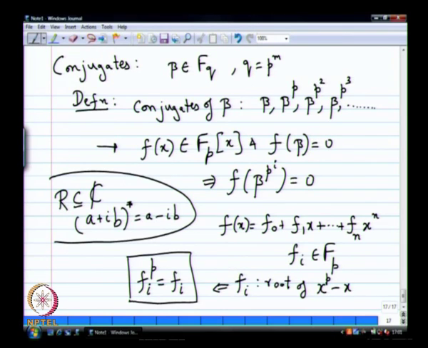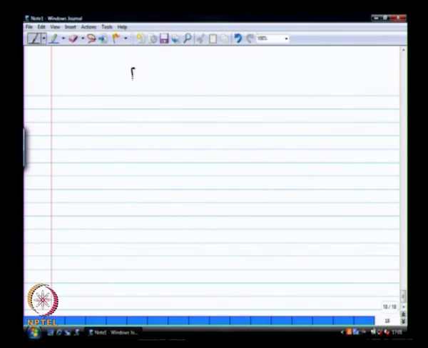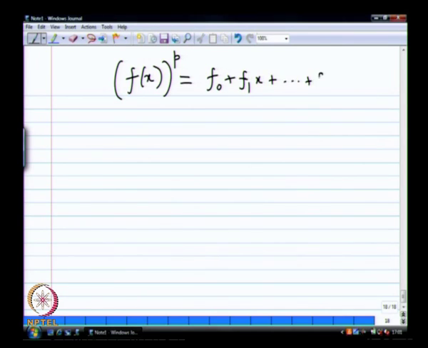So what I am going to do now is take f of x and raise it to the power p. If I raise it to the power p, what will happen? It is basically f0 plus f1 x plus so on till fn x to the power n, the whole thing raised to p. The first set of terms are very easy to write down.